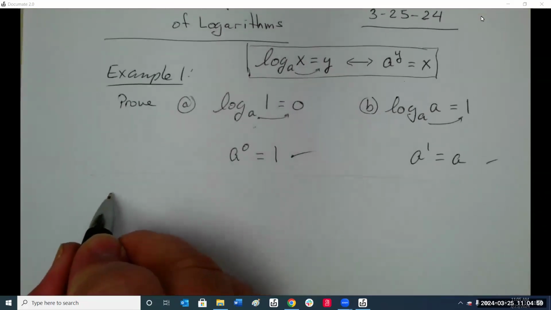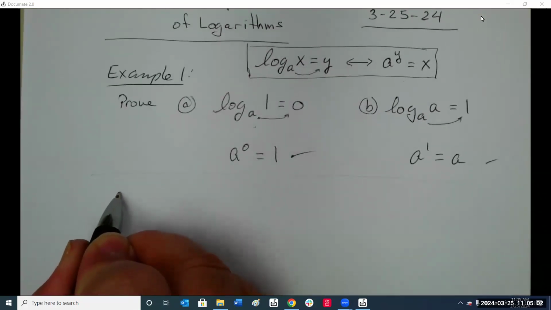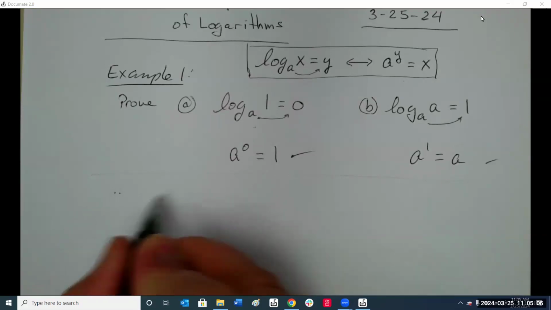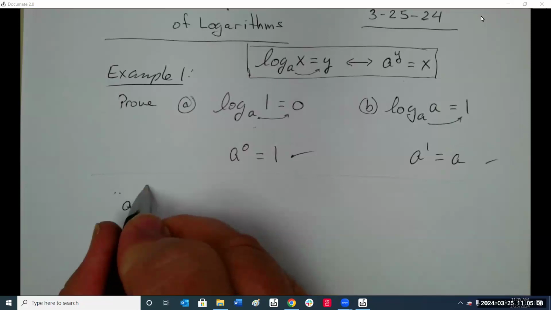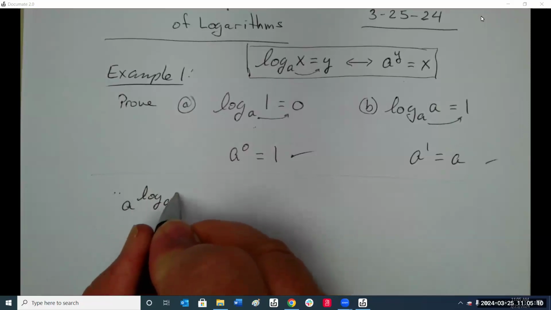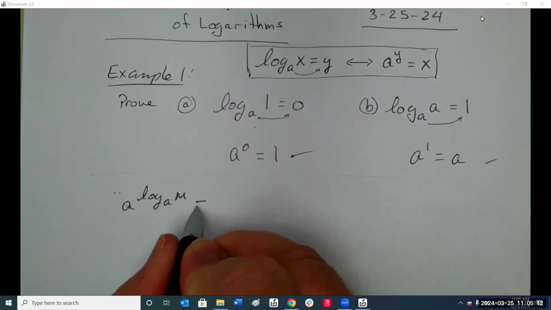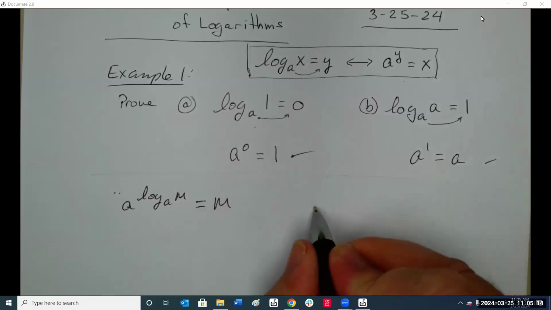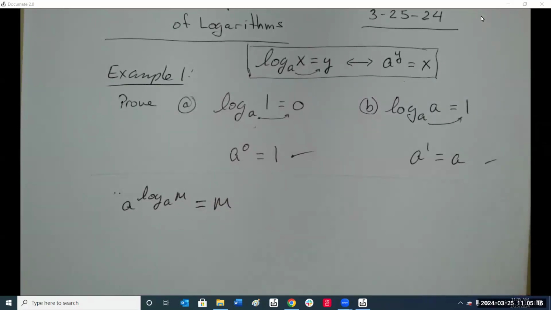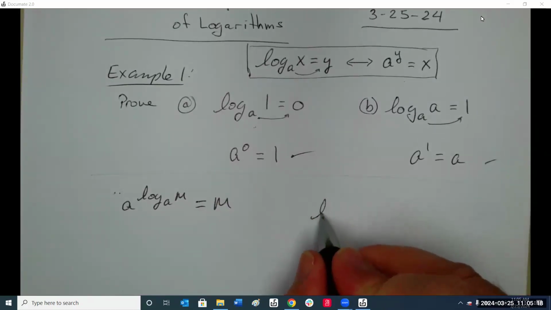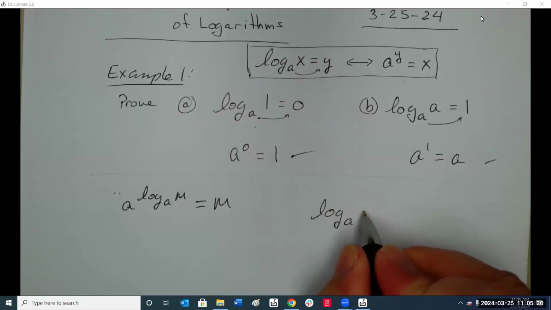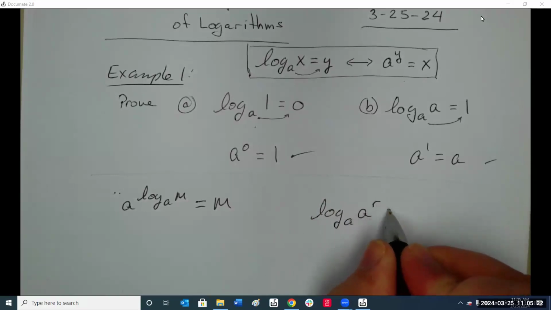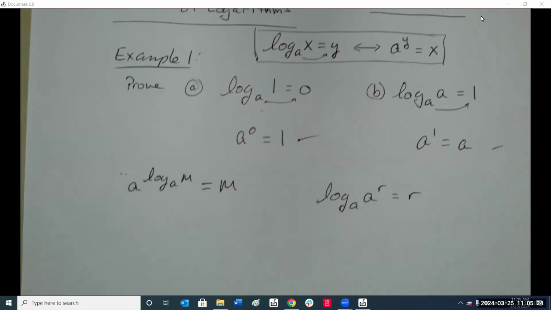The next two: a to the log base a of m is equal to m, and log base a of a to the r equals r.